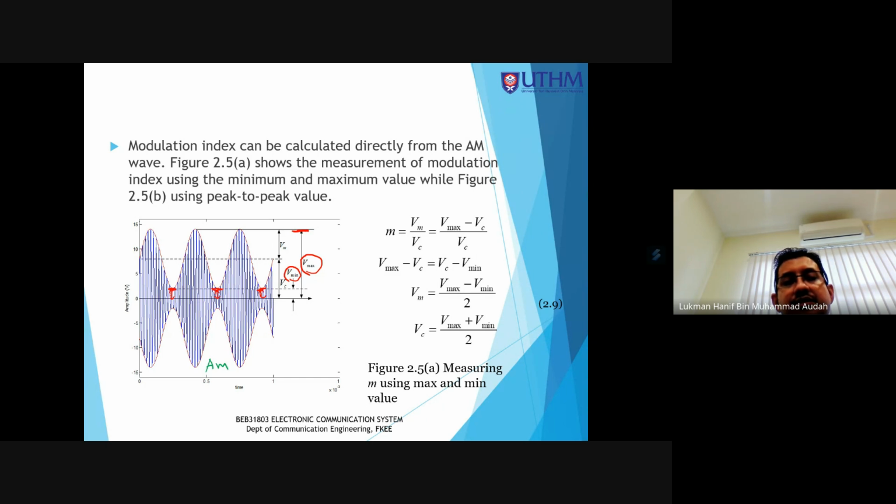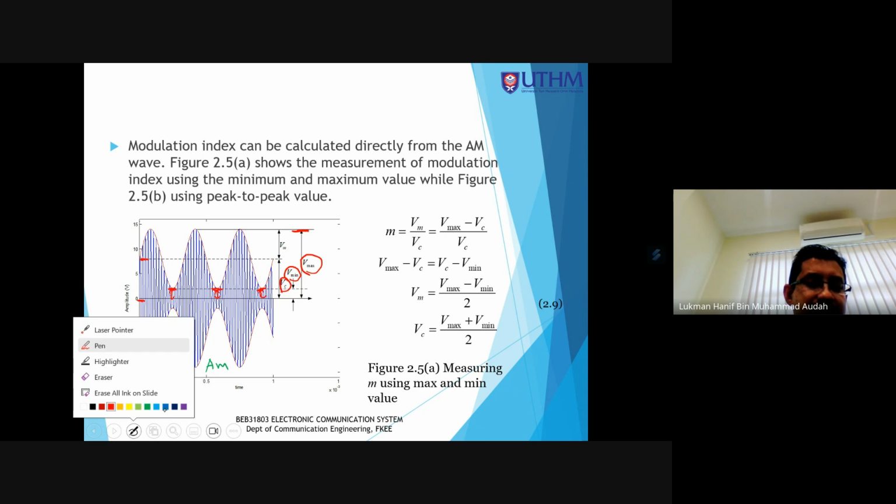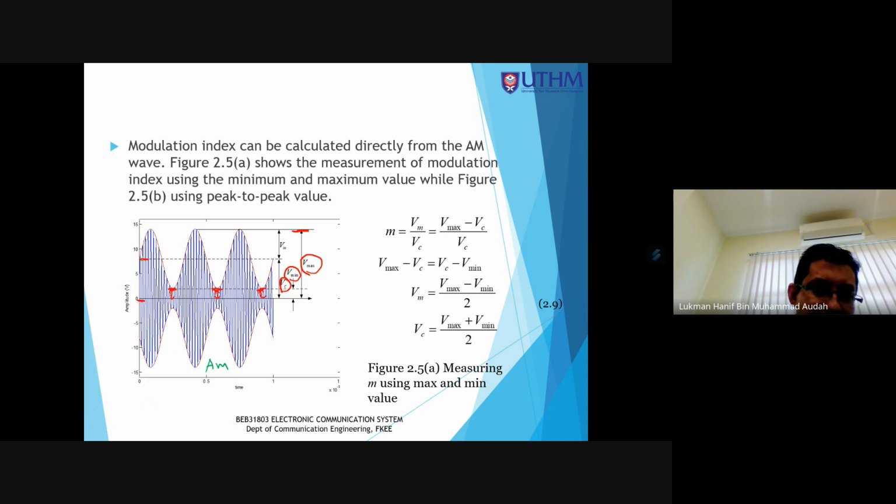And another thing is the Vc, the carrier peak amplitude, which is measured from the x-axis until the center of the ripples over here. So you see that this upper part looks like a sine wave if you see from this envelope shape.